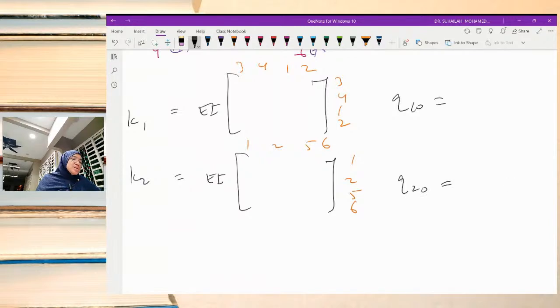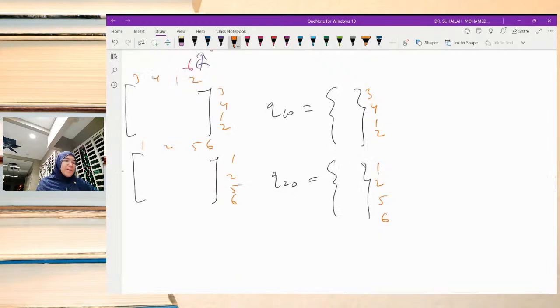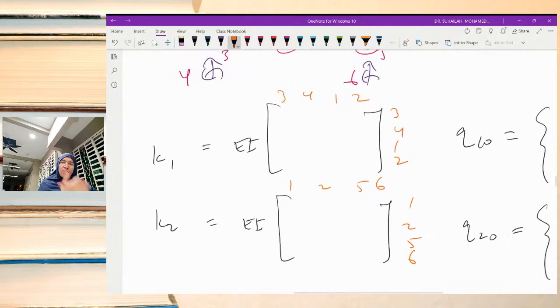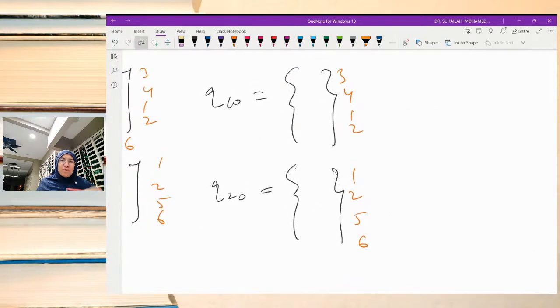Q1 node is 3412 and Q2 node is 1256. To calculate K1 and K2 as usual, we just need to use L to calculate the values, and Q1 node and Q2 node are the equivalent element nodal forces.